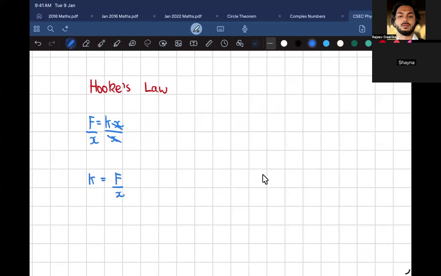Now, if you plotted a graph of force against extension, what do you think the gradient would give you? The spring constant. Correct. Because the gradient is the change in y over the change in x.